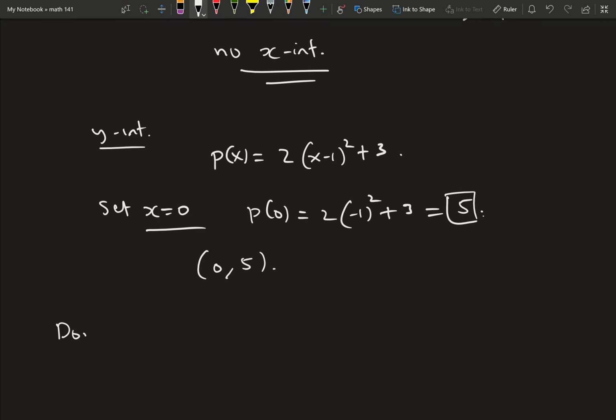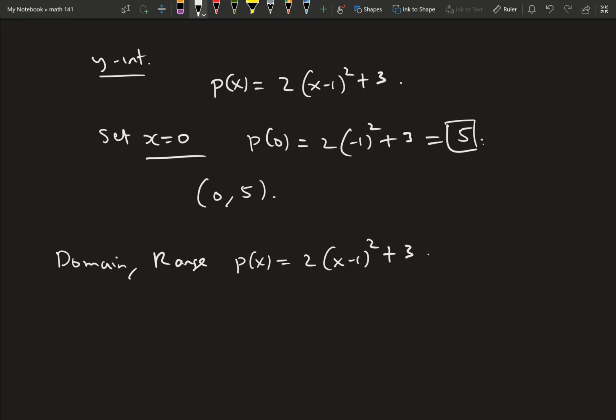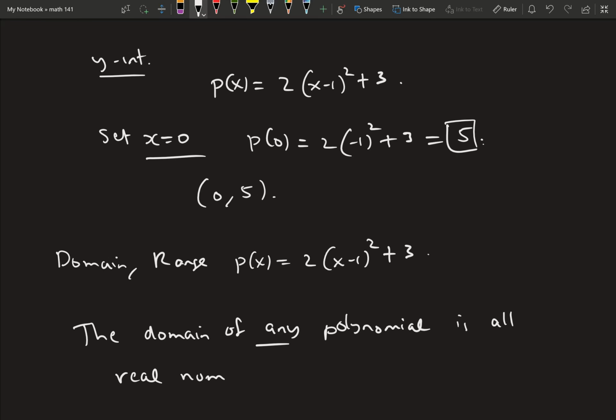We next want to find the domain and the range of this function p of x. The nice thing about the domain for polynomials, and I'll state this as a general statement: the domain of any polynomial, be it quadratic, third degree, or any degree, is all real numbers.